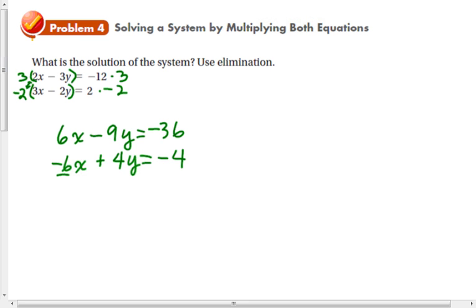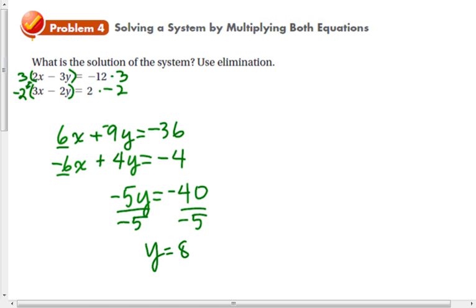Now that I have opposite coefficients, I can add these two equations together. So I have negative 9 plus 4 is negative 5y equals negative 36 plus negative 4 is negative 40. Dividing both sides by negative 5 gives me y equals 8.